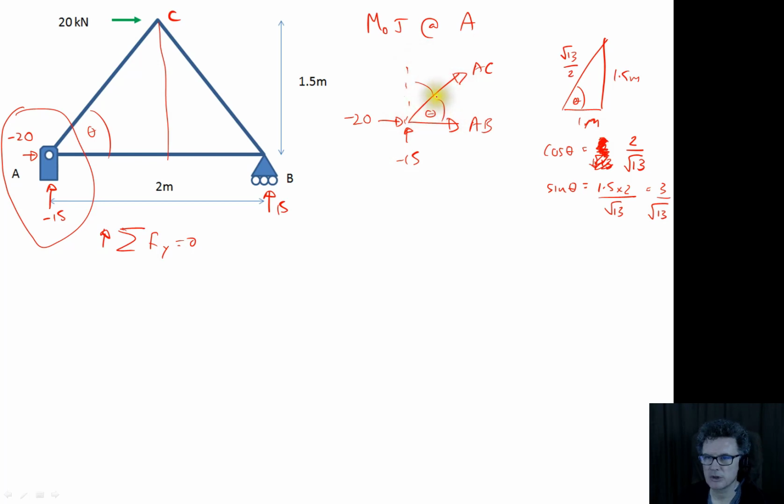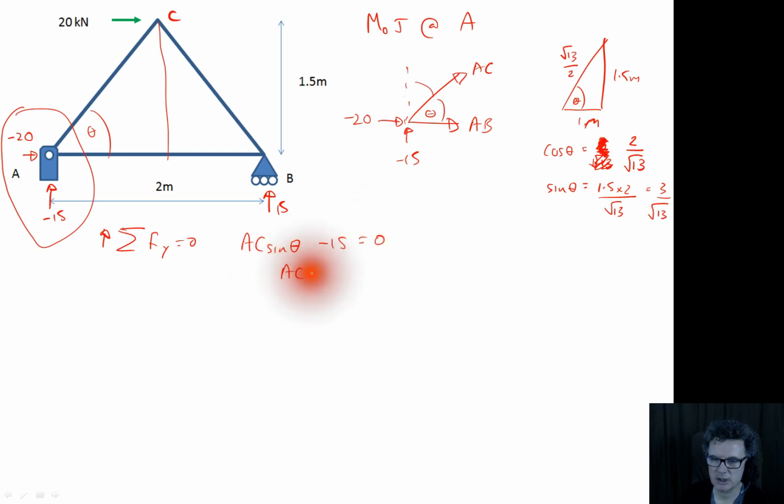So I'm going to swing through this angle here, and it's not theta, so not swinging through theta is a sin. So we're using a sine. So that's going to give me AC sine theta, and then we got minus 15 pointing upwards, so minus 15 equals 0.